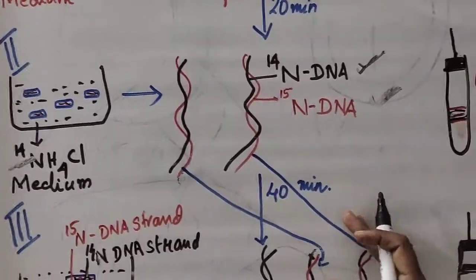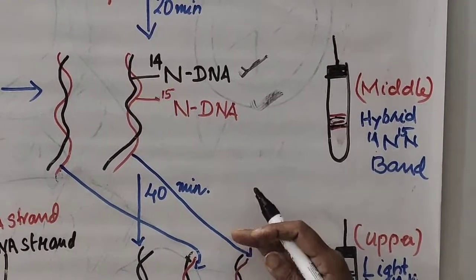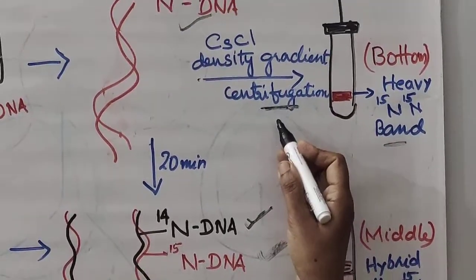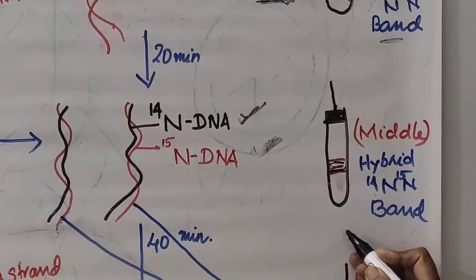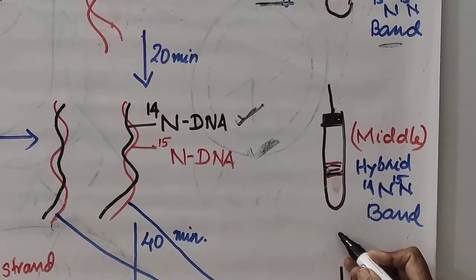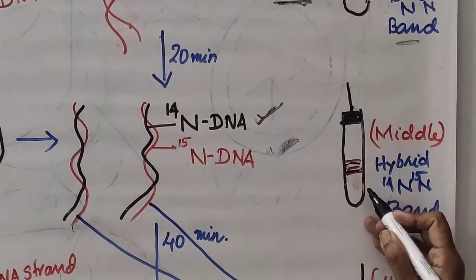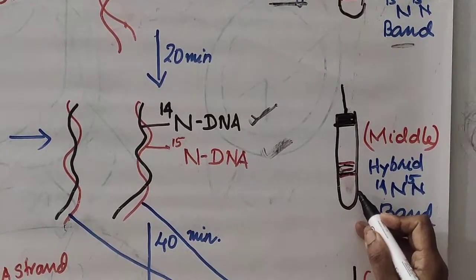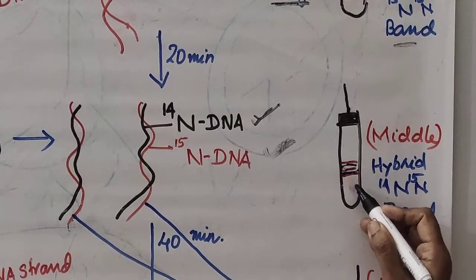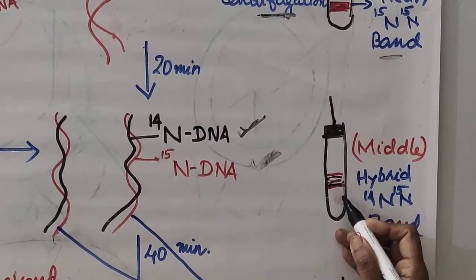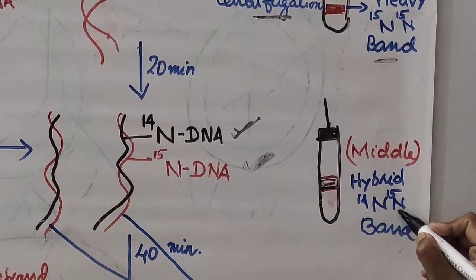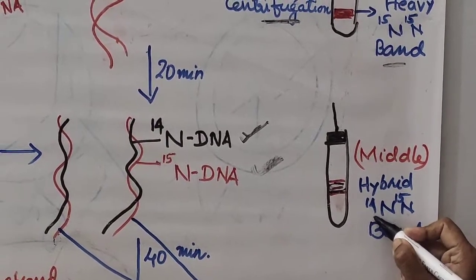In the same way, they isolated with the help of cesium chloride density gradient, and they could find only 1 band, at the middle. And this band was showing both N15 as well as N14.